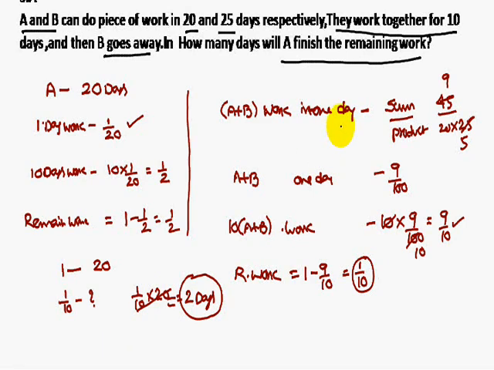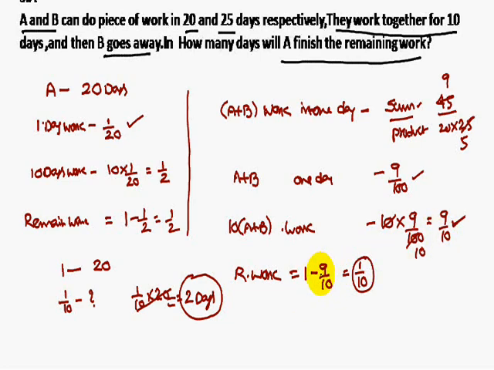Just go through the problem again. A plus B together, in how many days can they do the work? That is the problem. A plus B's work in 1 day, the formula is sum by product. That is 9 by 100 work they can do in 1 day. In 10 days, 10 times 9 by 100, that is 9 by 10th of the work they can complete.